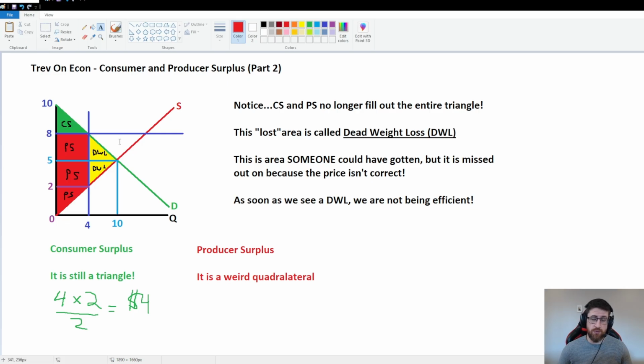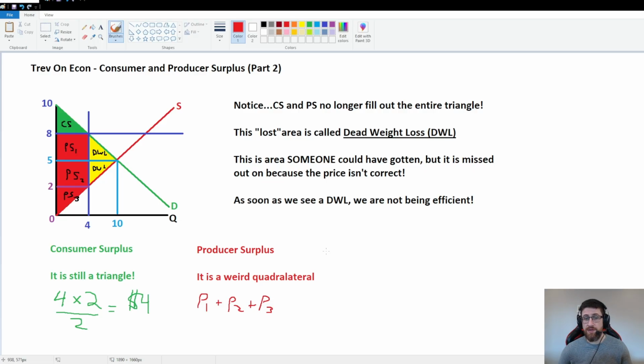So what we're going to do is go back again to elementary school. And what we did in younger school is when we had a complex shape like this, we broke it down into pieces. Okay. So I'm going to call this PS1, 2, and 3. And what we're effectively going to do is we need to add up P1 plus P2 plus P3.